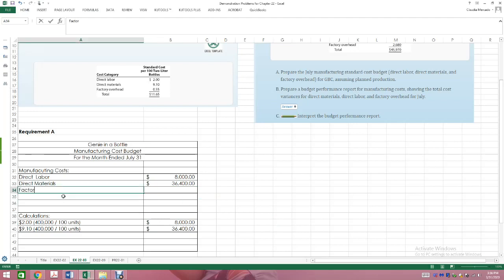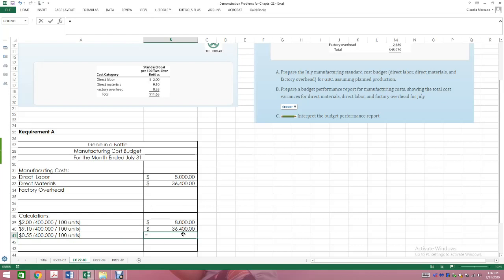Then I have my factory overhead. For my factory overhead, I spend 55 cents for every 100 bottles. So I'm going to do 55 cents, and then my 400,000 divided by my 100 units. And let's see what we get.